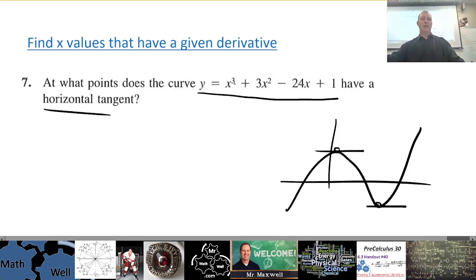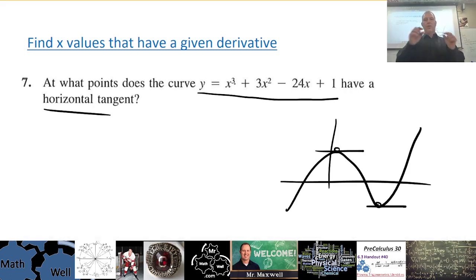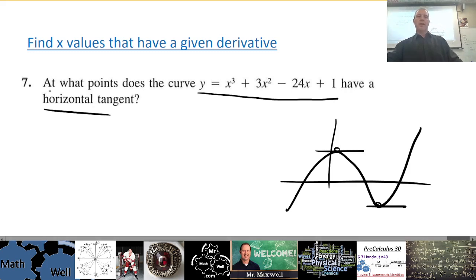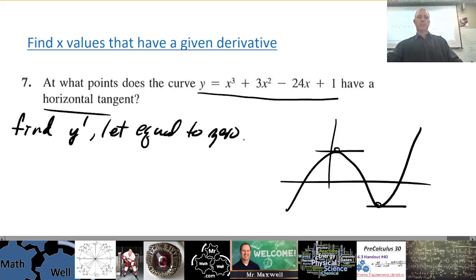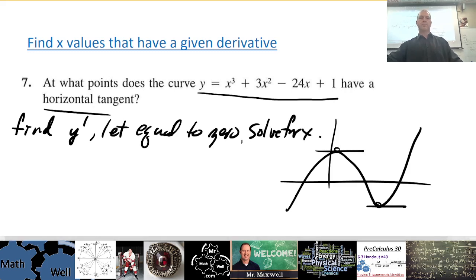So we have to try and figure out what those are. And how do we do that is we know that for a horizontal tangent, the slope of the tangent would have to be equal to 0. So what you're going to do is find y prime here. So find y prime and let it equal 0, and then solve for x. Those are your steps.